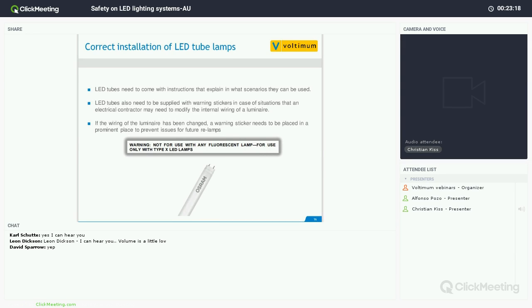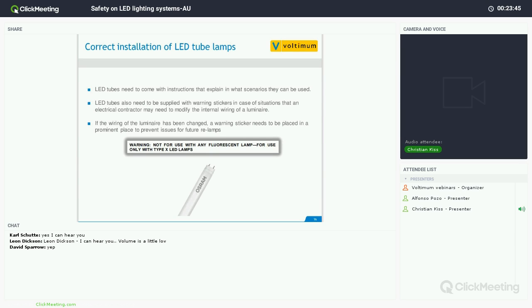LED tubes need to come with instructions also that explain in what scenarios they can be used. So LED tubes also need to be supplied with warning stickers just in case there are situations where an electrical contractor may need to modify the internal wiring of a luminaire. An example of that is if there's a fitting with a ballast, you cannot operate type A tubes, for example, on an electronic ballast.